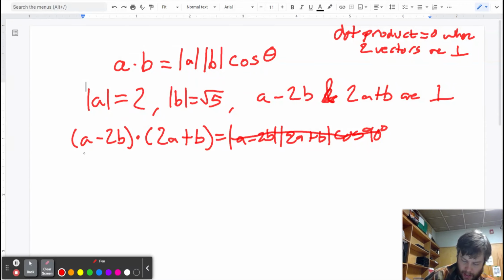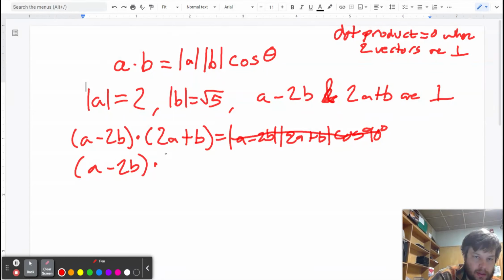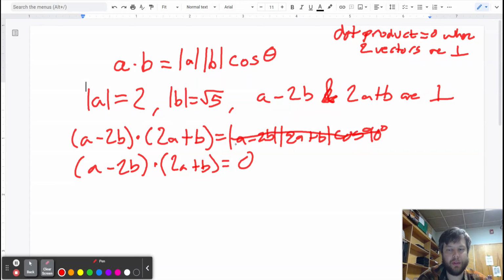So then let's see, do we know if these are two-dimensional or three-dimensional here? I don't think we know. But we know that A minus 2B dotted with 2A plus B is going to equal 0.